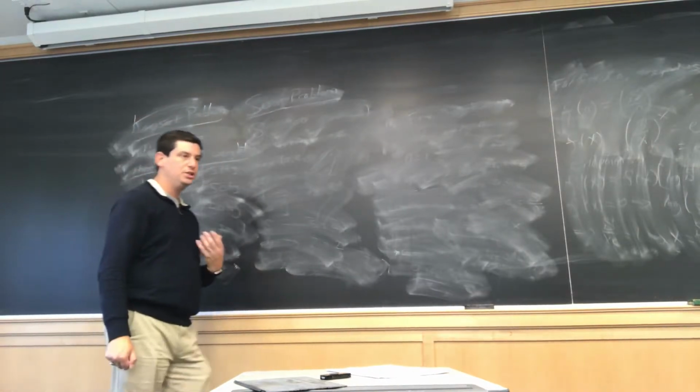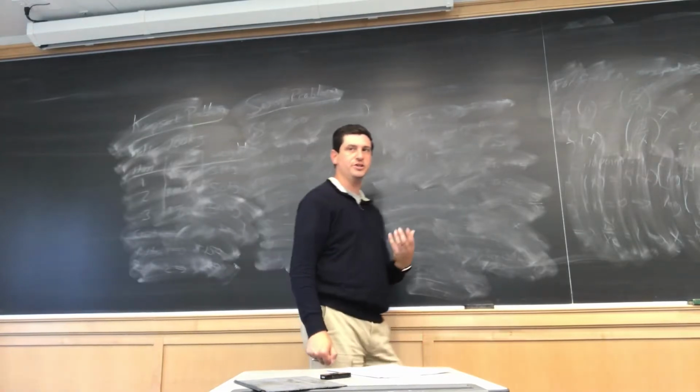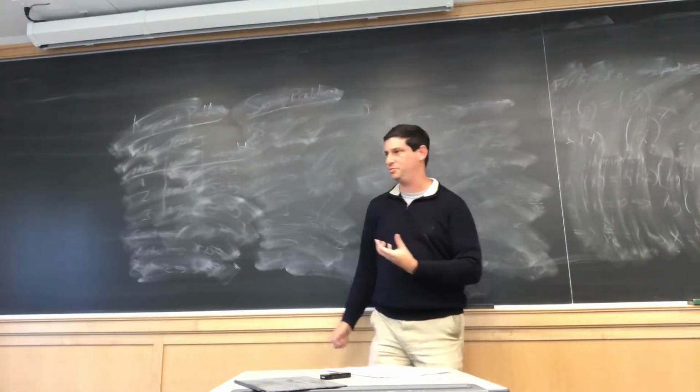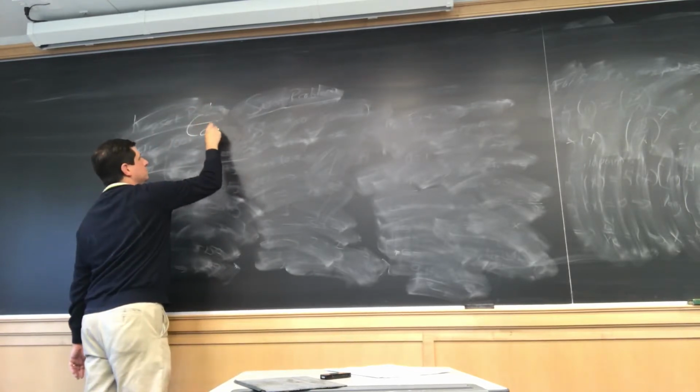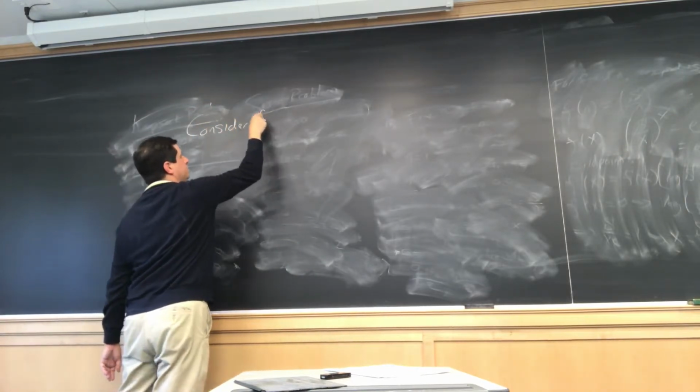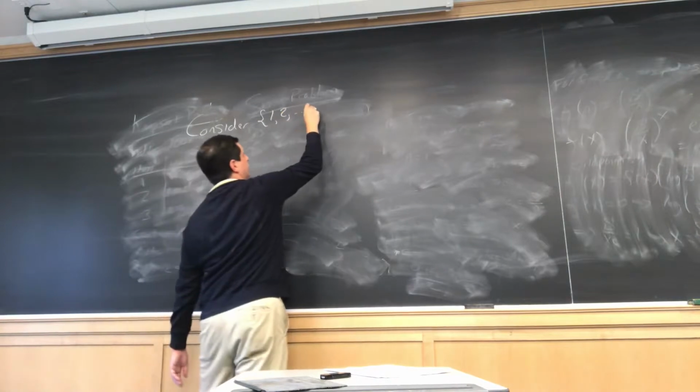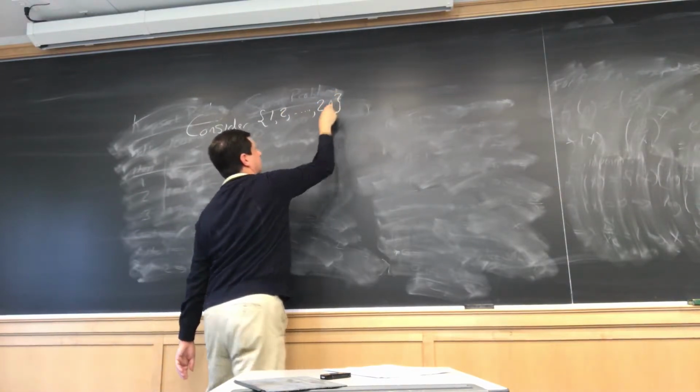I want to talk a little bit about some of the possible research projects. So I'm going to talk about a theoretical research project. There's a great old theorem. Consider the numbers 1, 2, up to 2n.